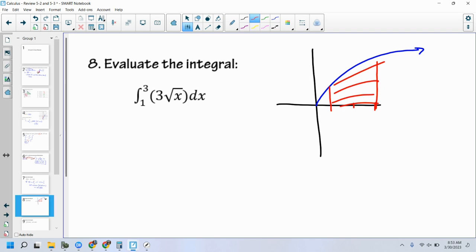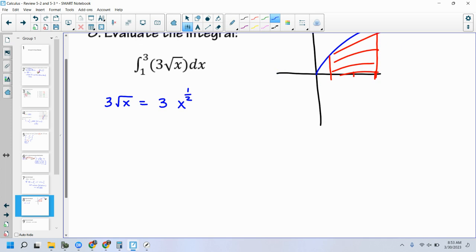Let's evaluate it, though. So 3 radical x is going to be 3 times x to the 1/2 power, right? Okay, find the antiderivative. So kick it up a notch. 3 times x to the 1/2 plus 1 is 3/2. Divided by 3/2.